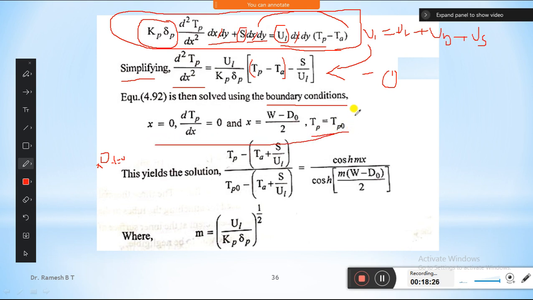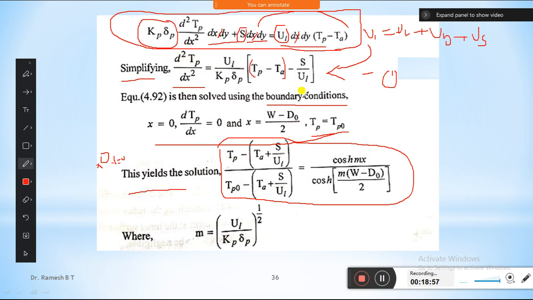By using these boundary conditions, we can simplify the above equation. After integrating, which is a differentiable form, we consider only the smaller element, and applying boundary conditions to that smaller element gives the equation for the entire plate.